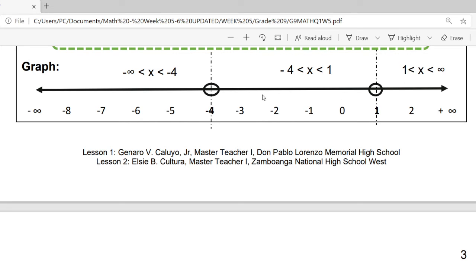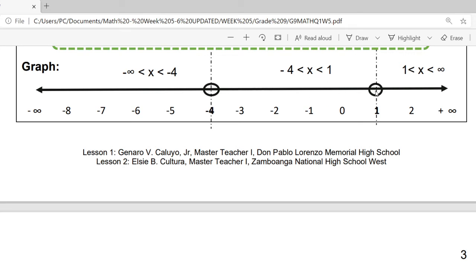And on the other side of the 0, it should be +infinity. So we call that infinity. Again, we will make an interval wherein x should be less than -4, but greater than -infinity.